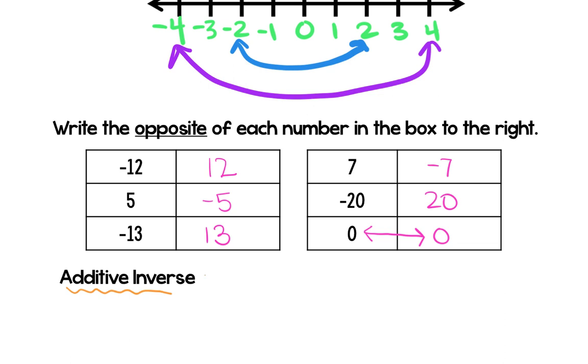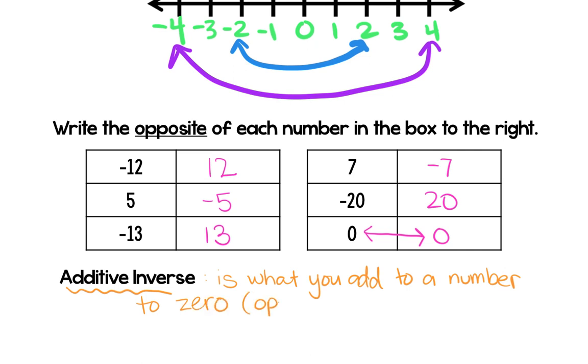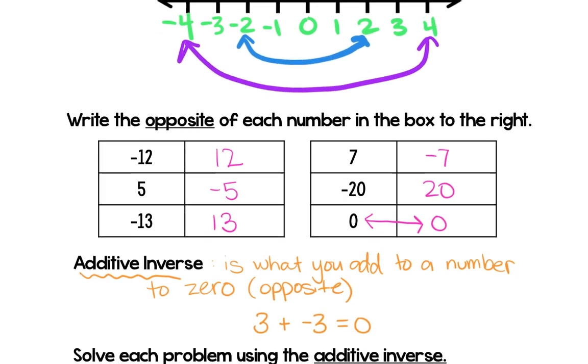So additive inverse is what you add to a number to get 0. And what we just found is that this is the opposite. So the additive inverse of every number is just the opposite. For example, if you take 3 and you add -3 to that, you're going to get 0, and that works with every pair of opposites.